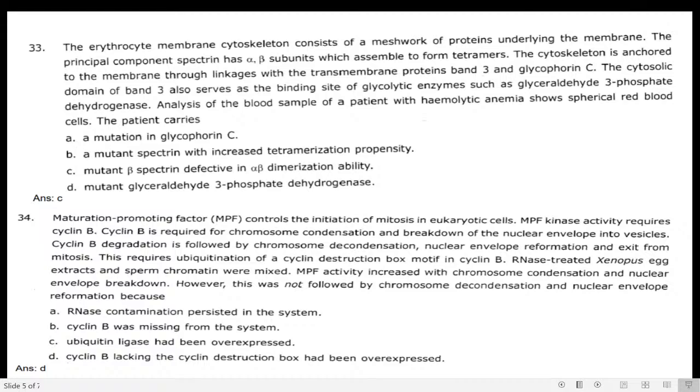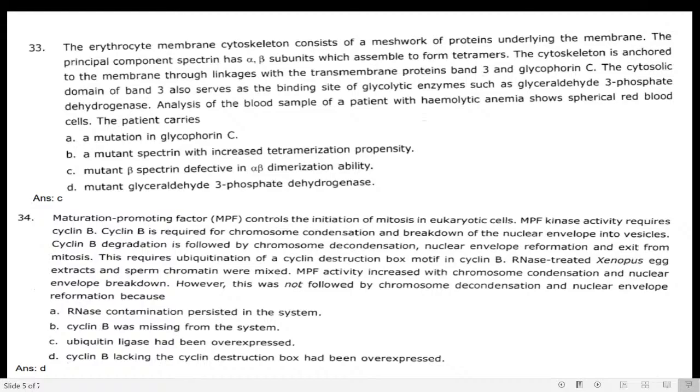Here, read the story. As I mentioned in the previous classes, CSIR has the biggest stories and the easiest answers. The answer is present in the question itself. The erythrocyte membrane skeleton consists of a network of protein underlying the membrane. This is just the intro, not necessary for this question. The principal component is spectrin.